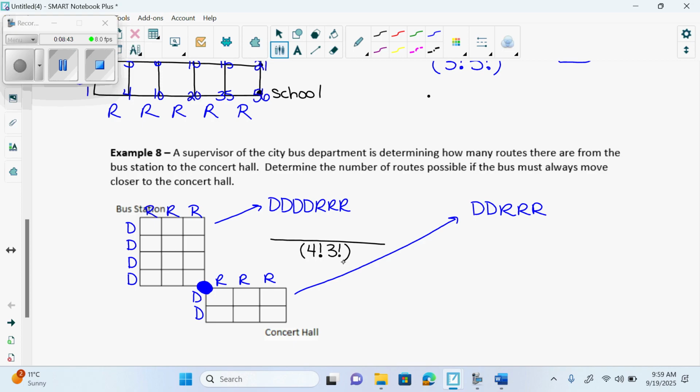If it said I had to go down first, then I would do my fundamental counting principle. I had 4, then 6, 5, 4, 3, 2, 1, right? But it didn't say anything about having to go down first. So I can just go what up here? 7 factorial. And then this one, I have a 2 factorial and a 3 factorial. And then on the top, I'm going to have 5 factorial.